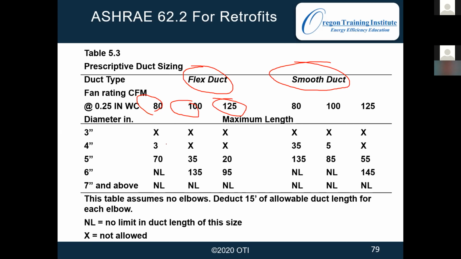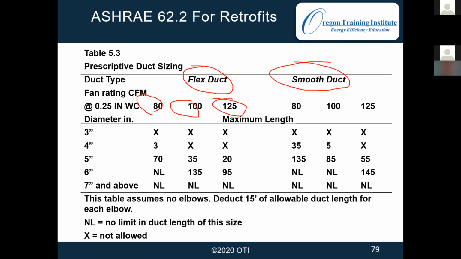And then the termination is going to add 15 to 30 on its own. So we're going to be way into the negative. If we bump that up to a 5-inch, now we've got 70 feet. So we've got enough room for some elbows and a termination and still have a few feet.